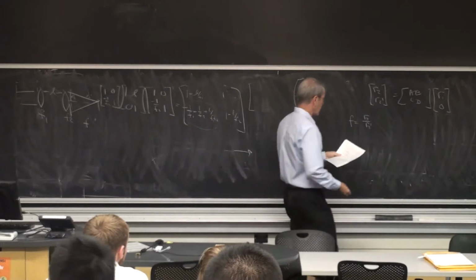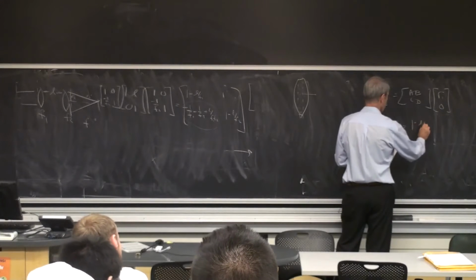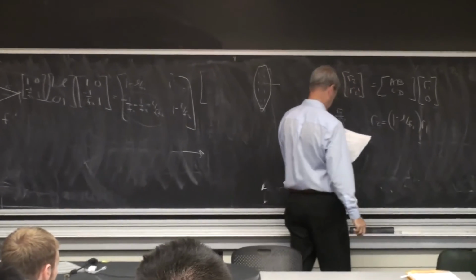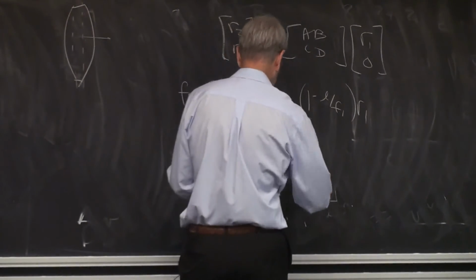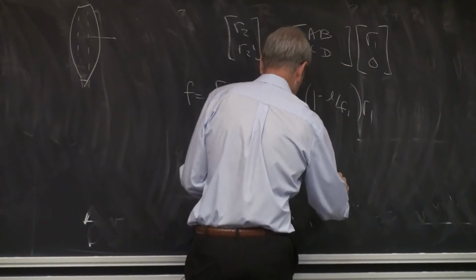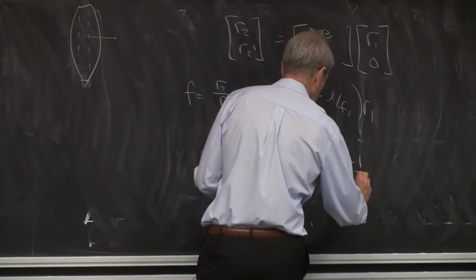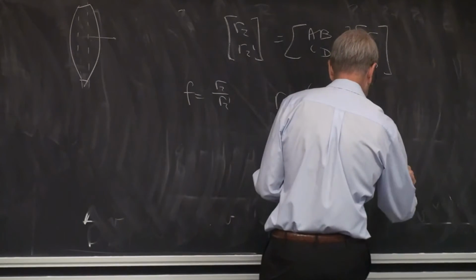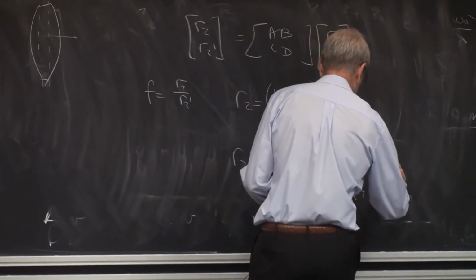So I got R2 equal to 1 minus L over f1 times R1. And I got R2 prime equal to a whole bunch of junk here: minus 1 over f1 minus 1 over f2 plus L over f1 f2, times R1.